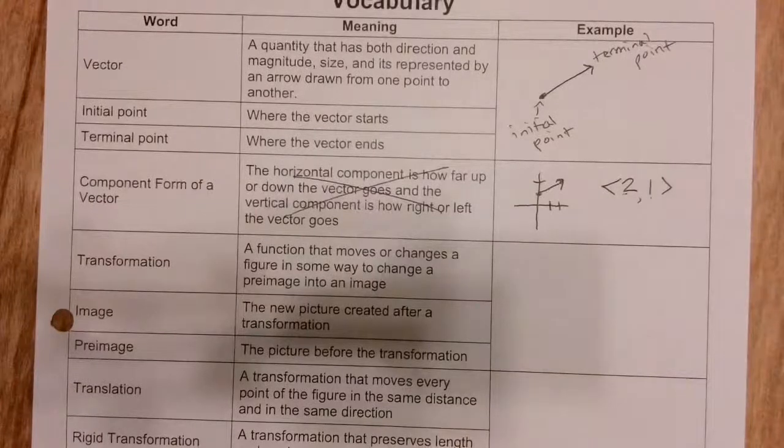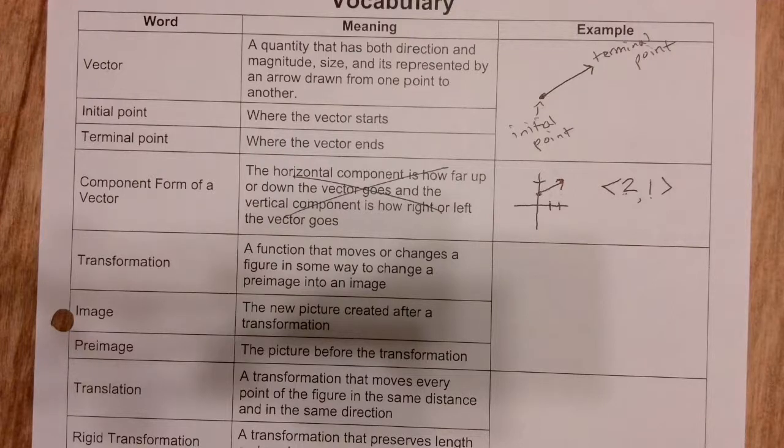A transformation is a function that moves or changes a figure basically by doing something to it. You guys probably have seen Transformers, where cars and vehicles and stuff turn into robots.